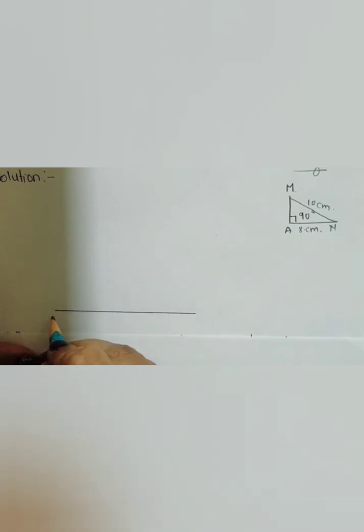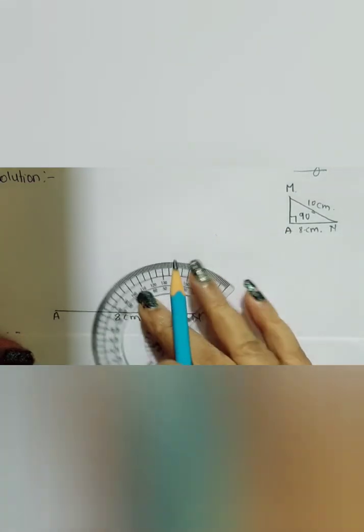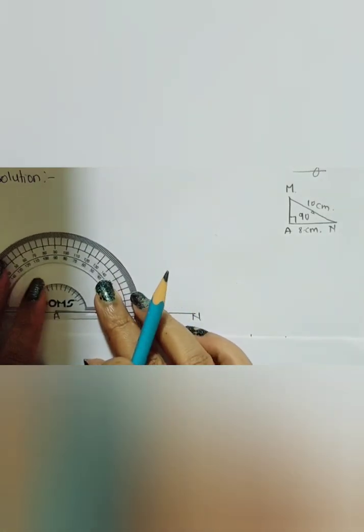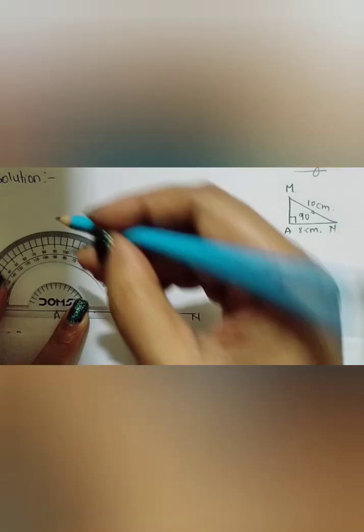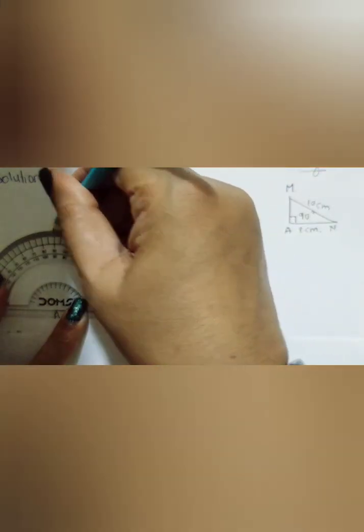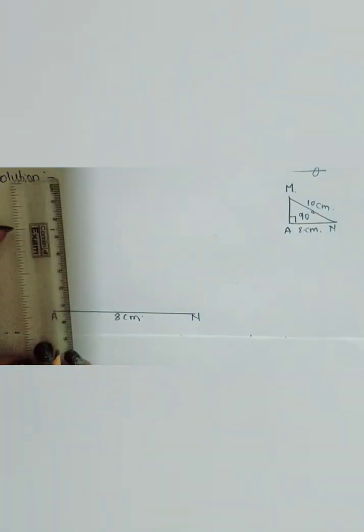This is our A. This is our N. Now we are going to keep protector on point A. We'll take 90 degree. We have to join this with point A.